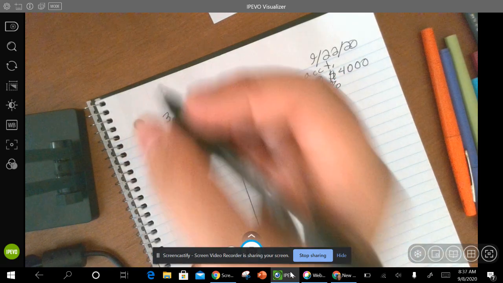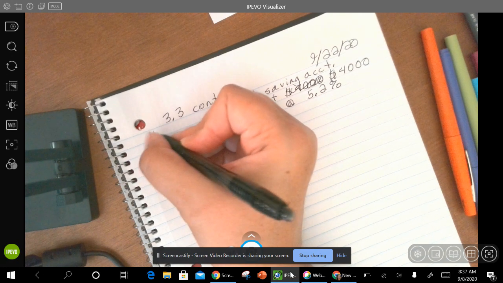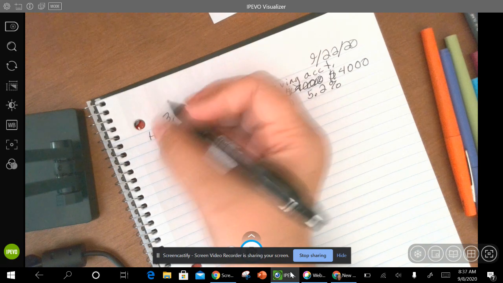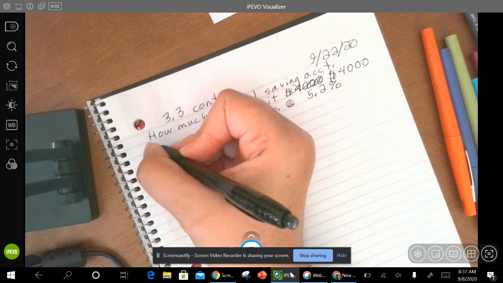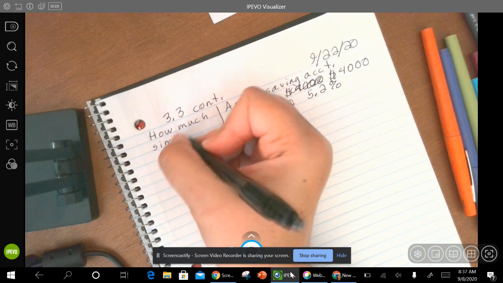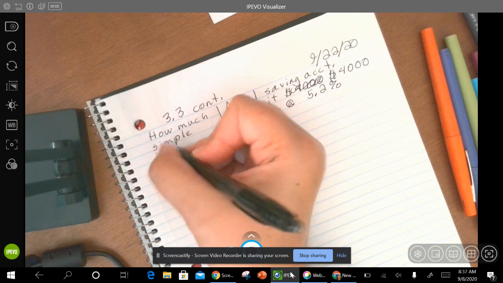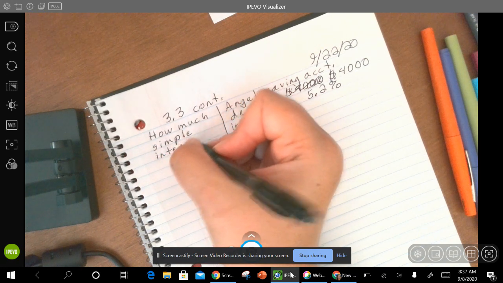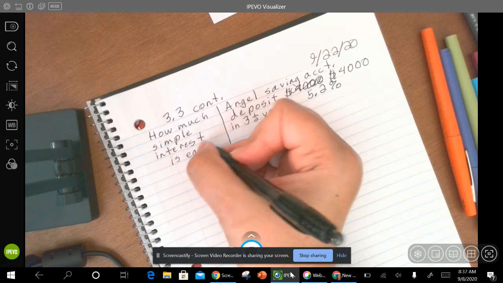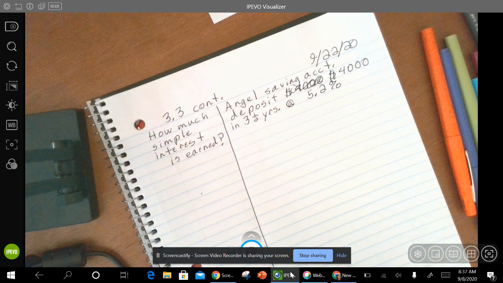And what we want to know is how much simple interest will Angel earn in the 3.5 years? So how much simple interest is earned? And then we'll also calculate the balance.